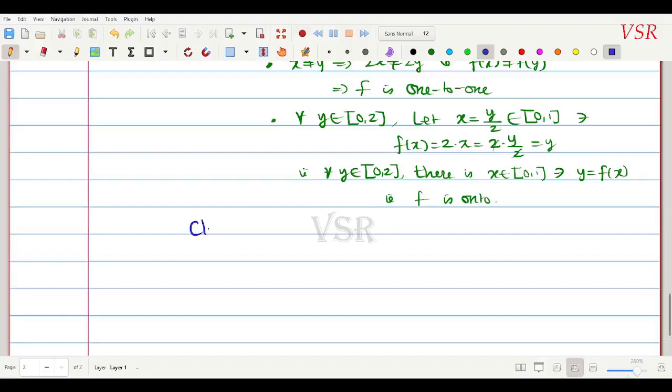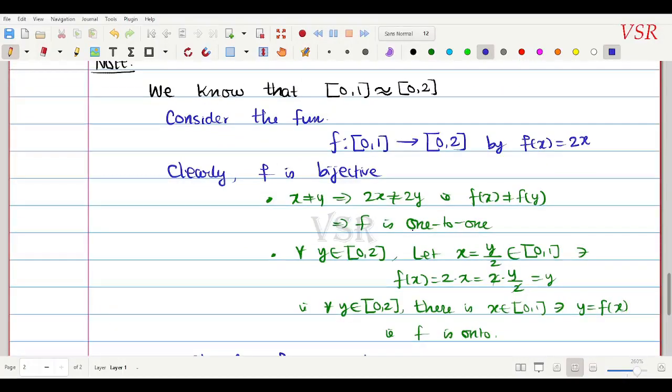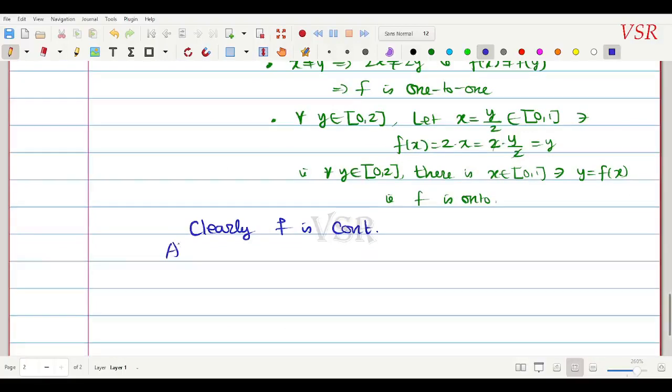Then next, clearly f is continuous. f of x equal to x is continuous, and multiplying it by 2 is still continuous, so we can easily say f of x equal to 2x is a continuous function. Also, f inverse is a function from the closed interval [0, 2] to the closed interval [0, 1], defined by f inverse of y equal to y by 2 for every y in [0, 2].